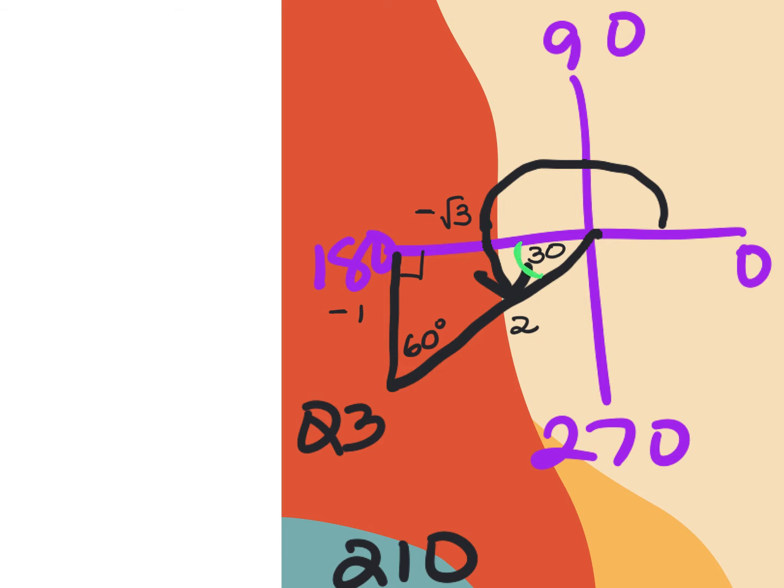In relation to the 30, the -1 is the opposite. And remember, if you're going to memorize it with x, y, and r, opposite is the y. Notice the vertical line is the y. And then this is the adjacent to 30, which is your x. It's along the x-axis. The 2 is the hypotenuse, and it's also your r value.